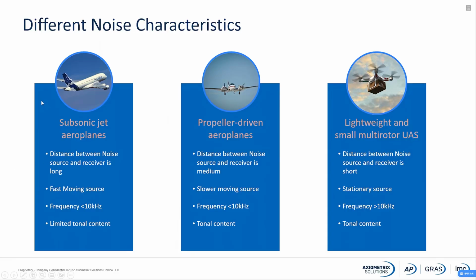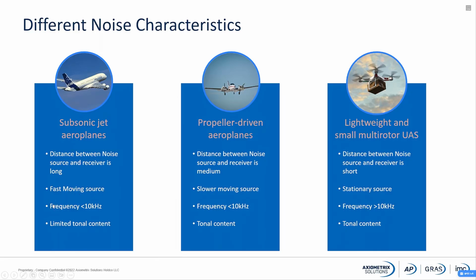If we take the subsonic jet airplanes, the distance between the noise source and the receiver is fairly long, because these airplanes operate in commercial airports, and therefore they are pretty far away from people living there. They are fast moving noise sources.